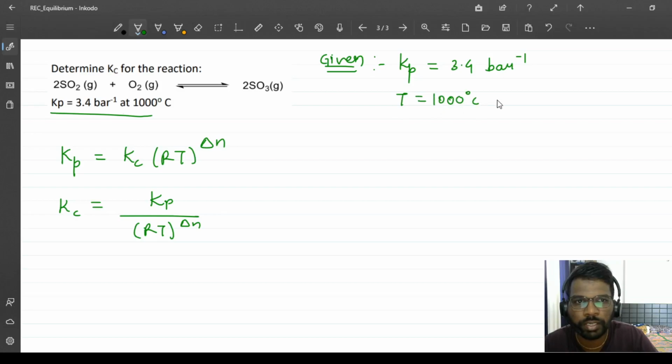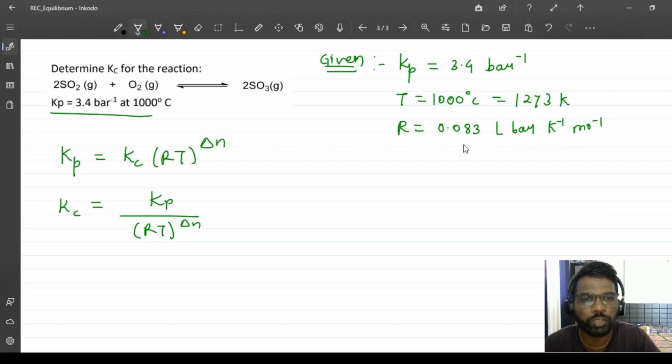This to Kelvin will be 1273 Kelvin, and R, since the pressure is in bar or per bar, we will take it to be 0.083 liter bar per Kelvin per mole. This will be the unit of R if you are taking this in bar. Okay, then this is R.